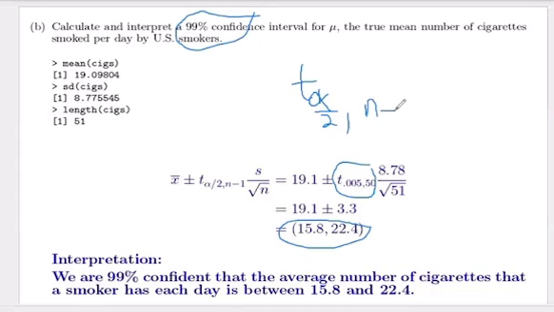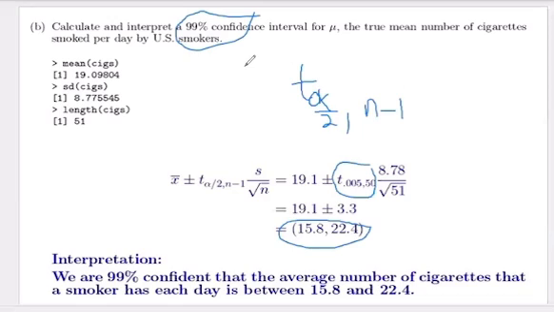Let's take a look at something here. When the level of confidence is 99%, what is alpha? Alpha will be 1%. Well, 1% is 0.01. Divide 0.01 by 2. That will give you 0.005. And by the time you follow what I did the other time for qt, you're going to get that particular value.